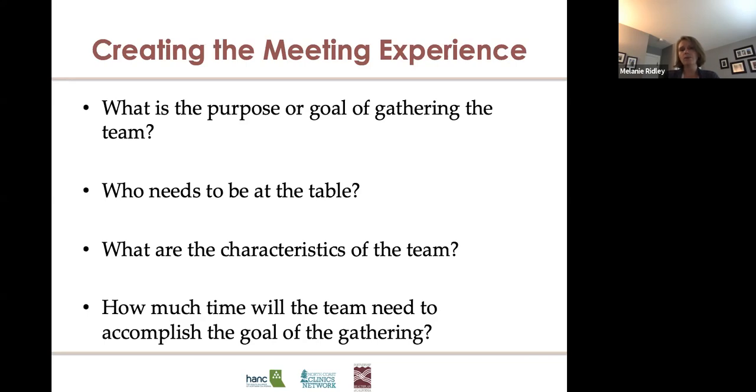So be really clear about what's the purpose or the goal for gathering the team, who needs to be at the table, what are the characteristics of the team that we have with us and how do they like to engage, and how much time will we need to accomplish each activity in our agenda.